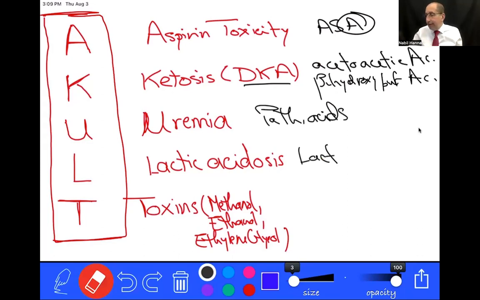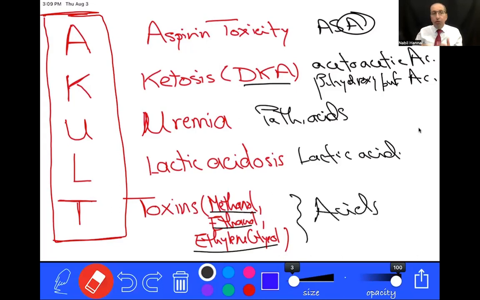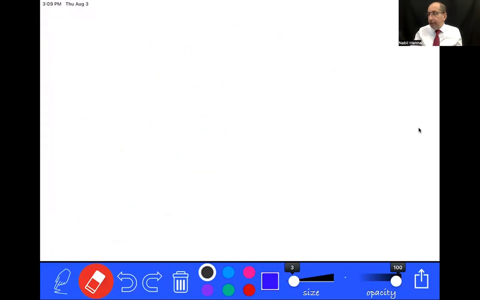Lactic acid. In cases of hypovolemic shock, septic shock, tissues are obliged to metabolize anaerobically, and a lot of lactic acid accumulates in the circulation. In toxins, methanol, ethanol, ethylene glycol, all these are acids. So in A CULT, there are pathologic acids accumulating in the circulation.